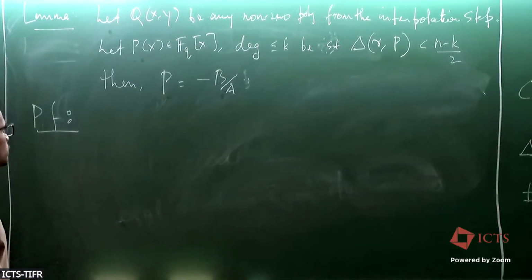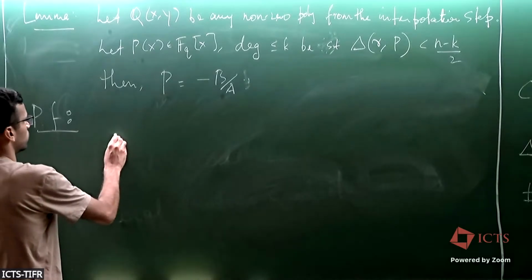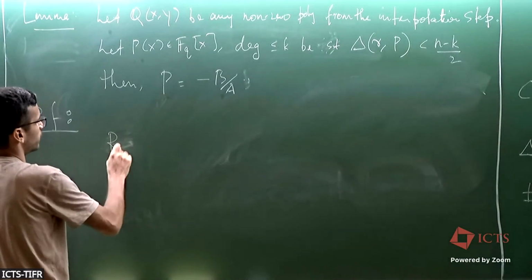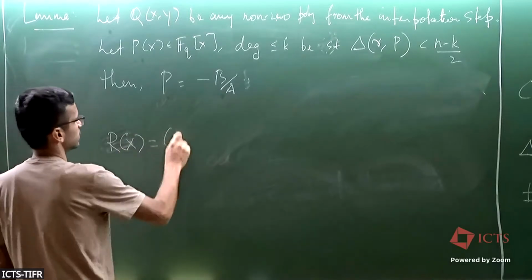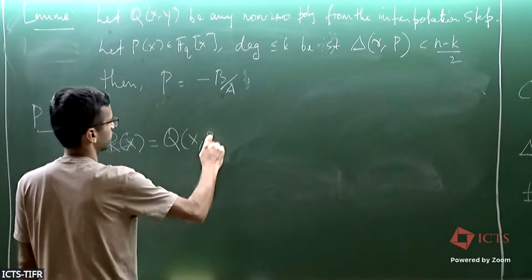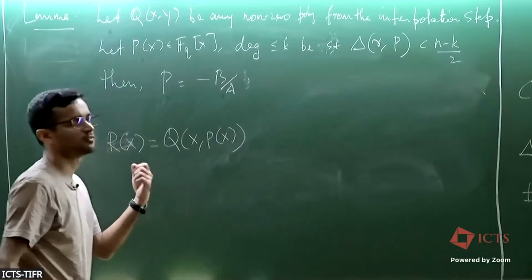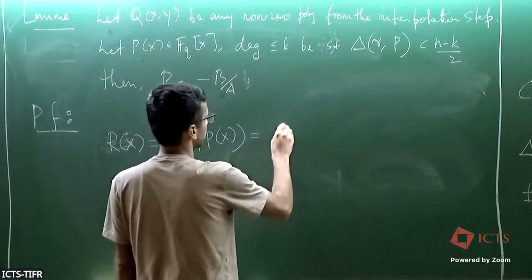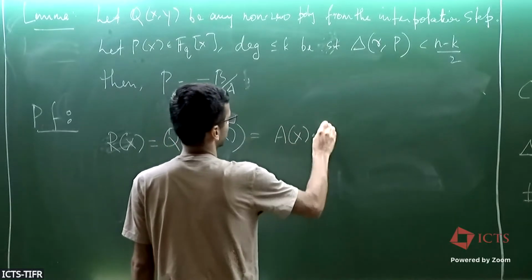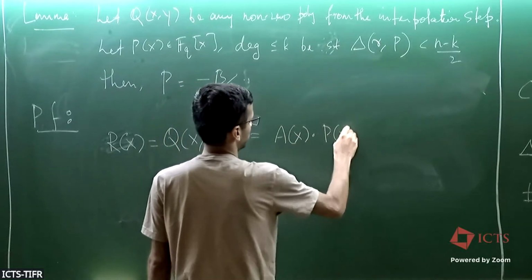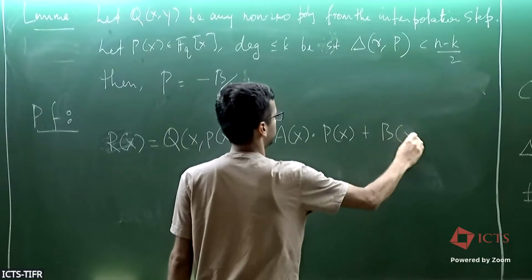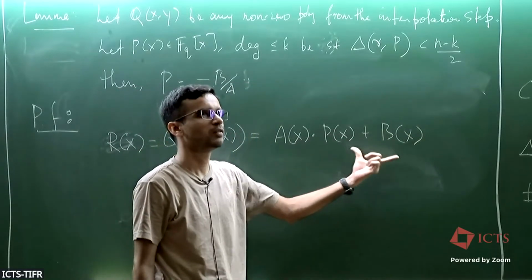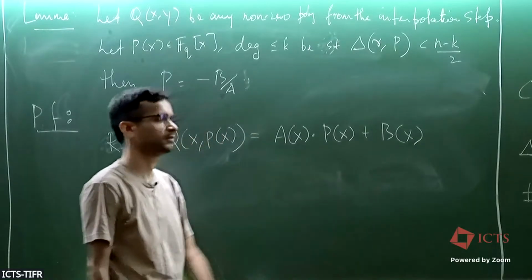Okay, so here's one way of looking at this. I want to look at the polynomial R of X, which is Q of X comma P of X. So I'm going to replace the variable Y by P of X. And what is this? This is equal to A of X times P of X plus B of X. So it's some univariate polynomial. What is the degree of this univariate polynomial?